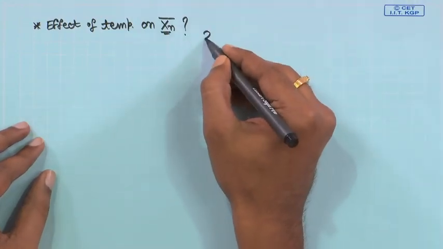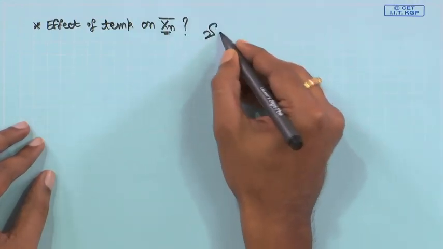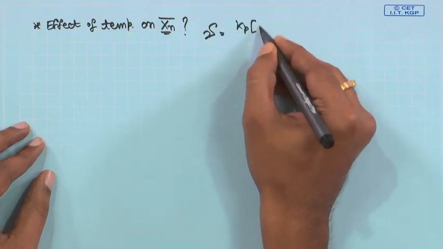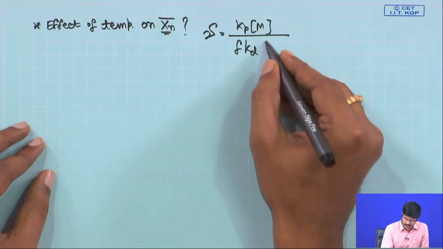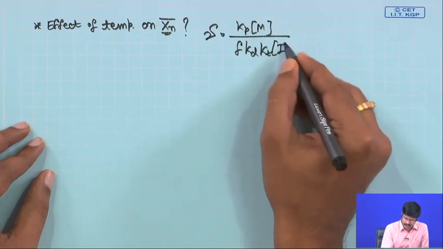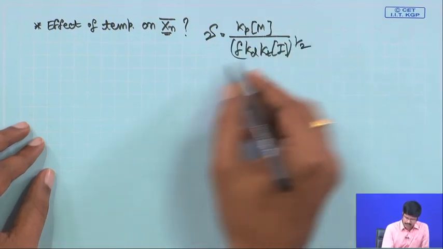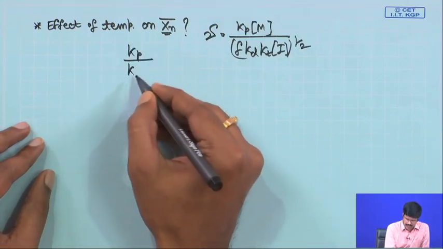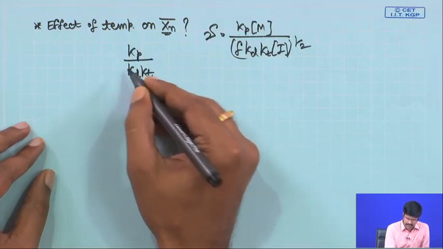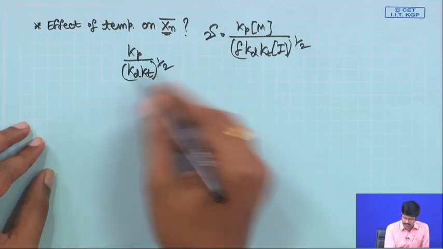So, your kinetic chain length was something like this, Kp [M] divided by (f Kd Kt) to the power half, [I] to the power half; these things we derived before. What we have to see here is how the term Kp divided by (Kd Kt) to the power half varies with temperature.